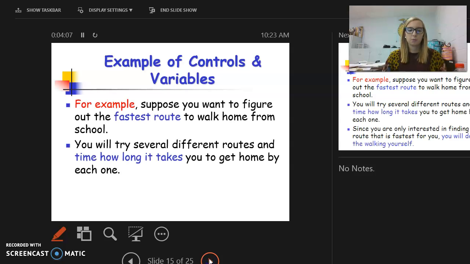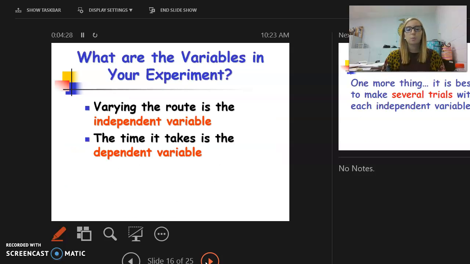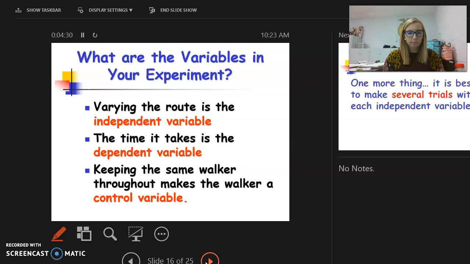For example, suppose you're trying to figure out the fastest route to walk home from school. You try several different routes and time how long it takes you to get home by each one. Since you're the only one interested in finding out the fastest route for you, you will do the walking by yourself. So what were my variables?